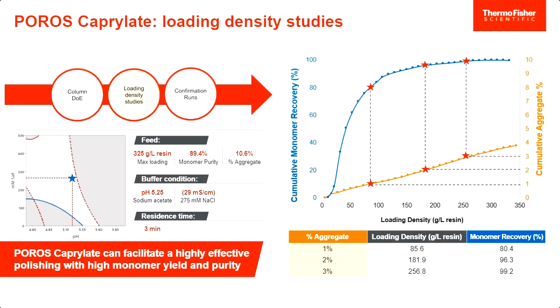Again, using a 10% aggregate feed and a total of 325 grams per liter load, we found good recovery at 85 grams per liter that you see here on the right-hand side with just a 1% aggregate. But if you could accommodate just 3% aggregate, you can max out on your monomer recovery. So we saw the highest monomer recovery is achieved at higher loadings.